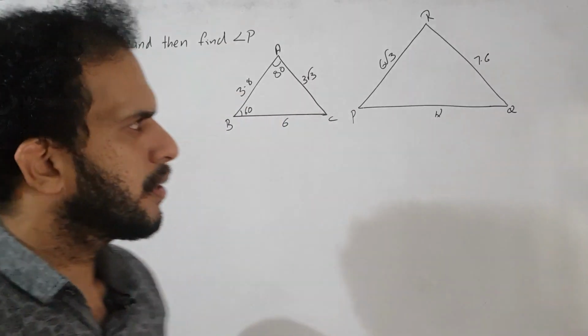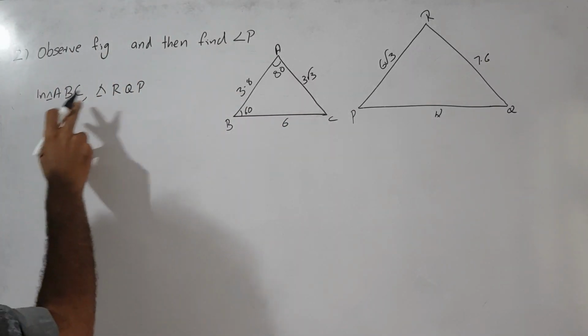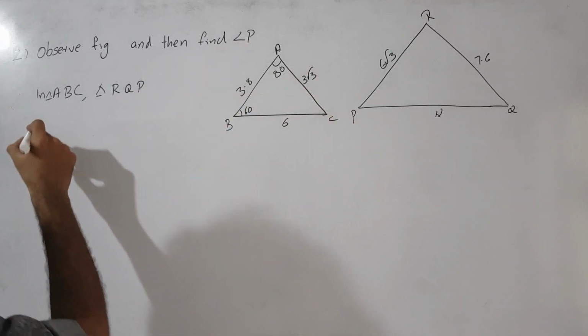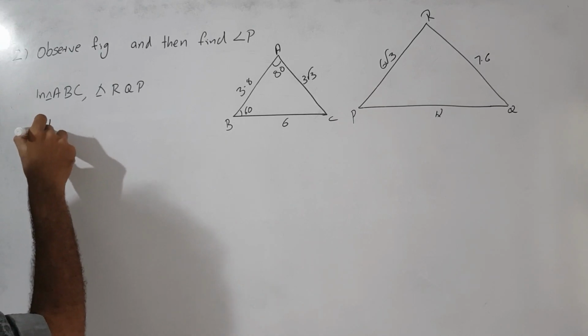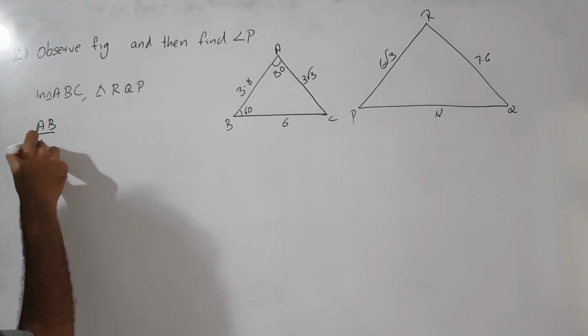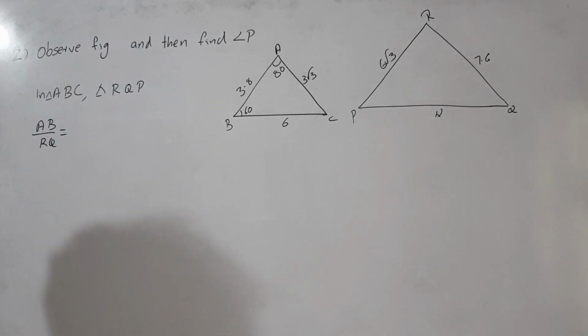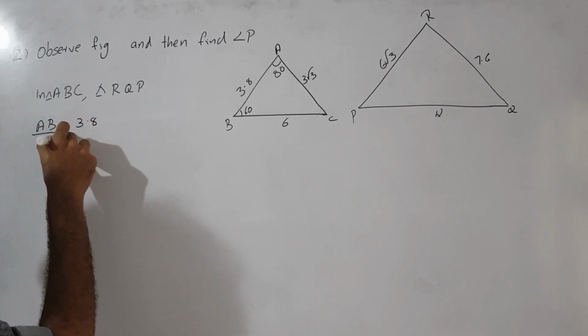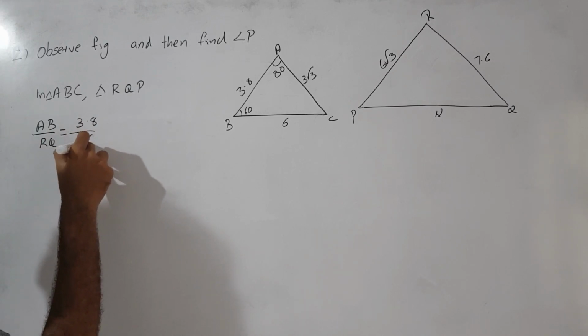Okay, so then what are we checking? ABC and RQP. Then it is very clear what the corresponding sides are. We check the ratios of AB and RQ. AB is 3.8 by 7.6.